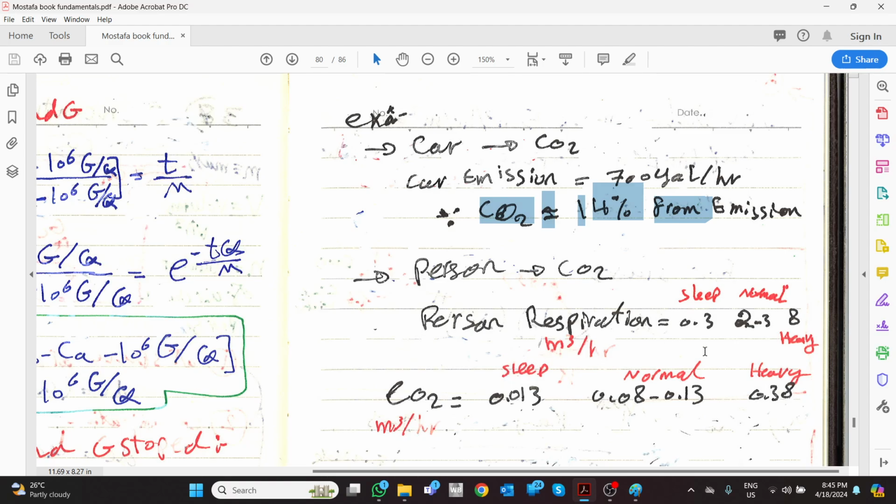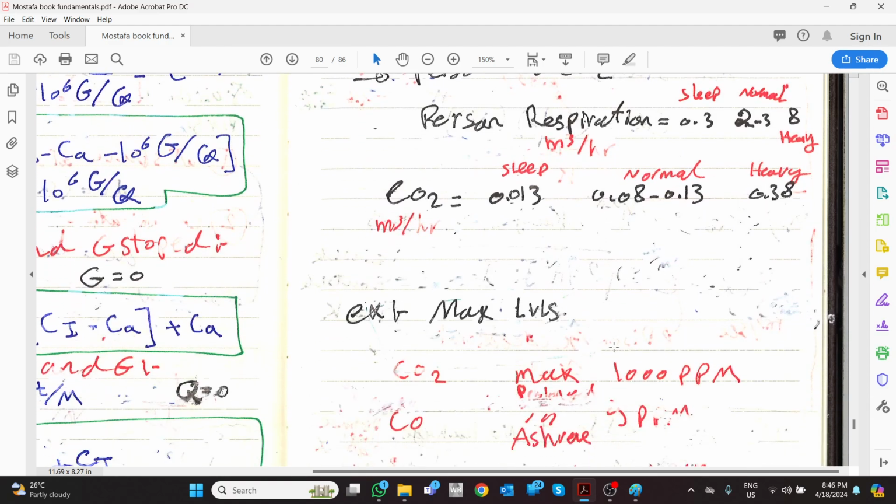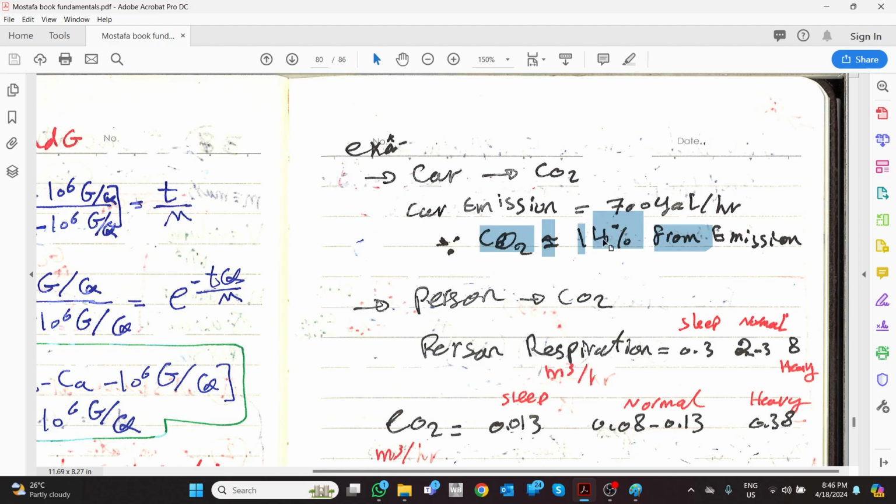When you know the meter cube multiplied by the density, you will get the mass, divided by the mass of the room, you will get the ppm, but this is per hour, so divided by 3600 you get per second. So these are examples of numbers which you need to consider.